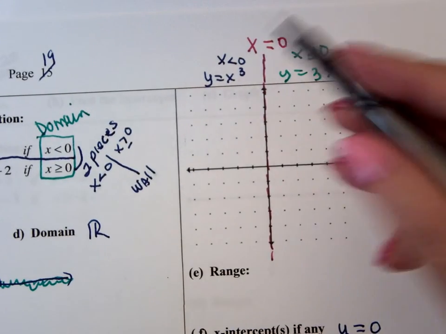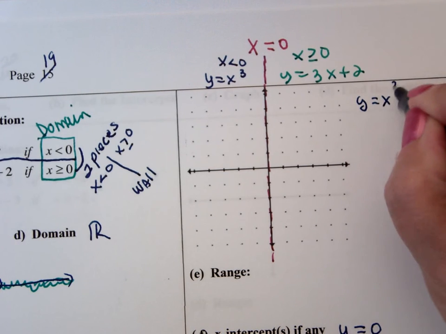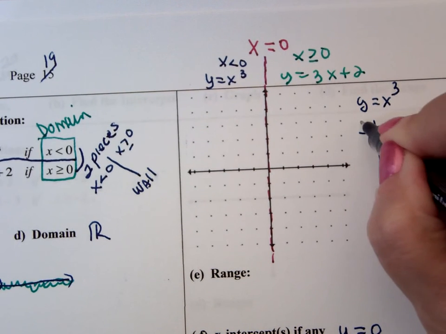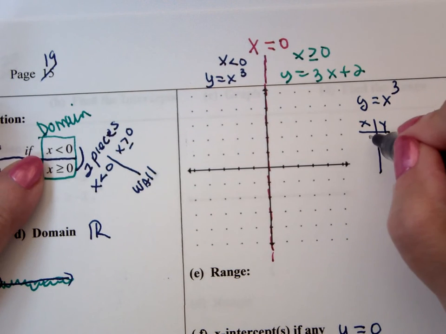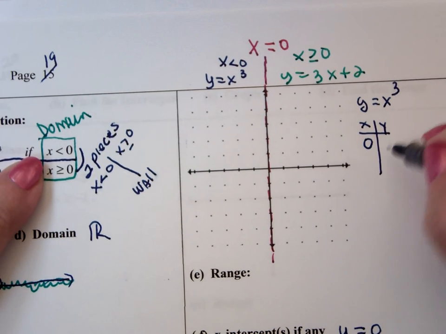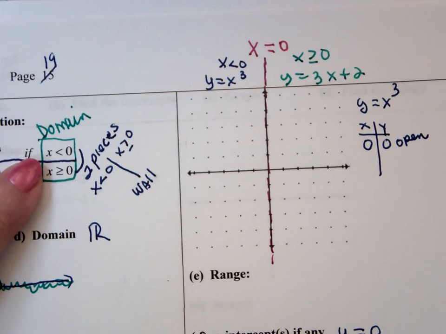And if I look at y equals x cubed, I need 0, 0. This is an open dot. It does not include 0, but I can get very close to it.